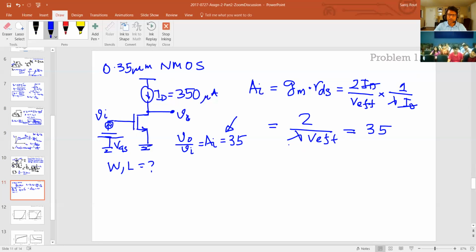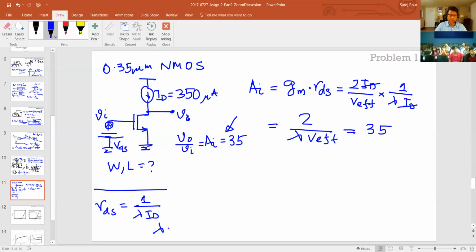Now, one thing I should have emphasized is that RDS is equal to 1 over lambda ID, right? So if you want a higher RDS, you can either decrease your lambda or decrease your ID. But in this case, your ID is given, so you're fixed with that.